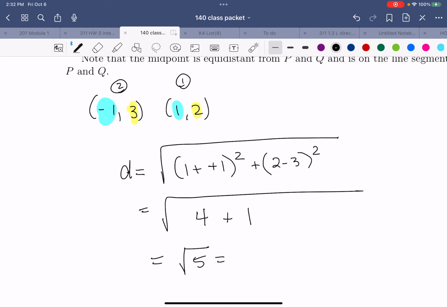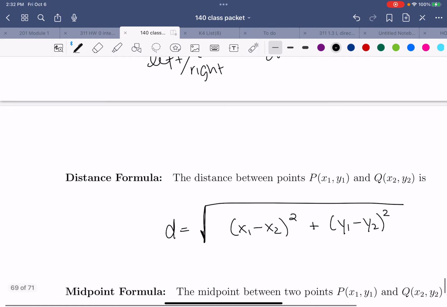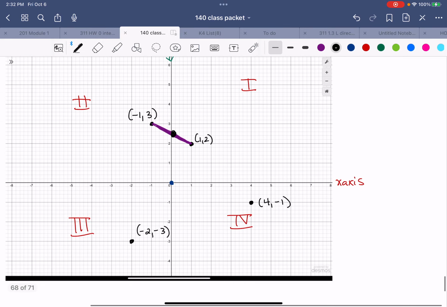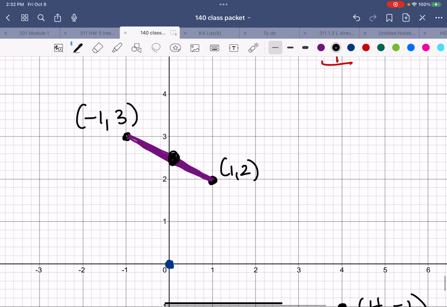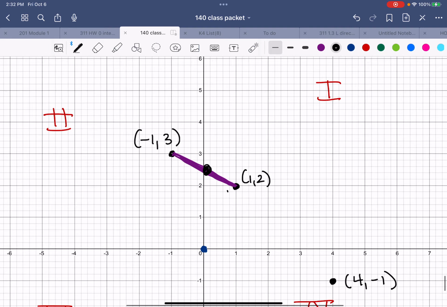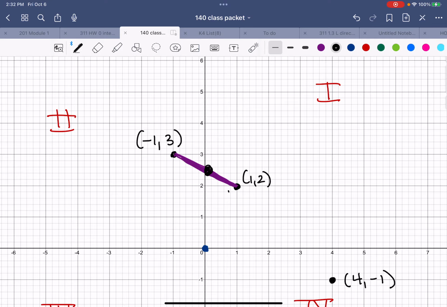If we put that in a calculator, this is 2.2 units on my graph. That kind of makes sense, because it's longer than 2, since the distance between the two left to right is 2, but not too much larger than that.